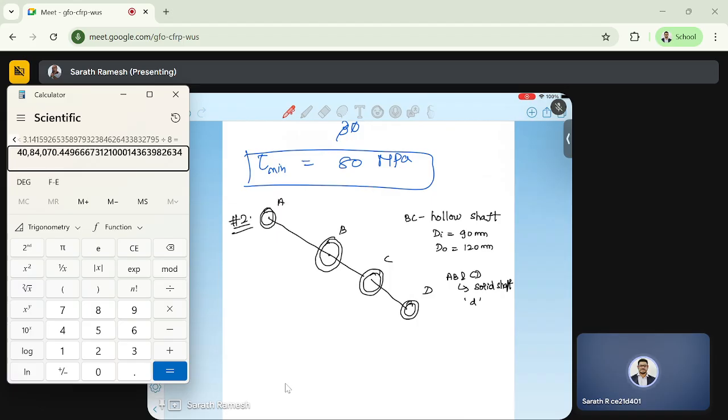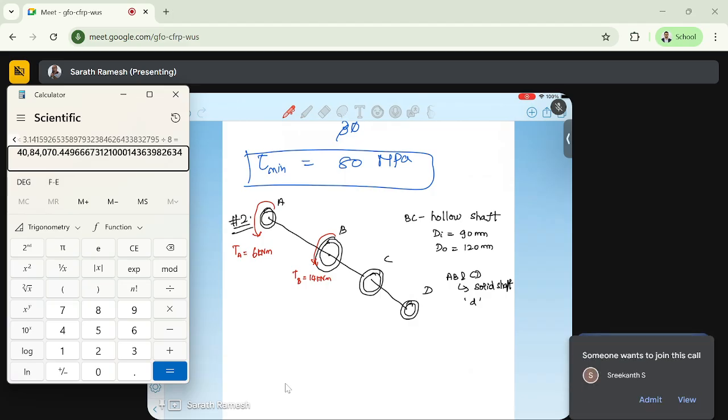At A, there is some torque, TA, in this direction, which is 6 kilonewton meter. And at B, there is a torque TB of 14 kilonewton meter.